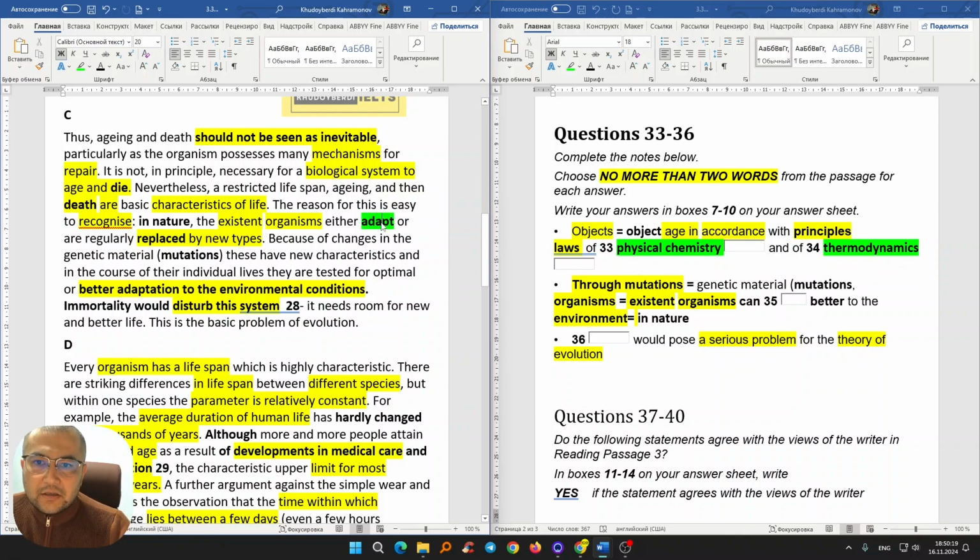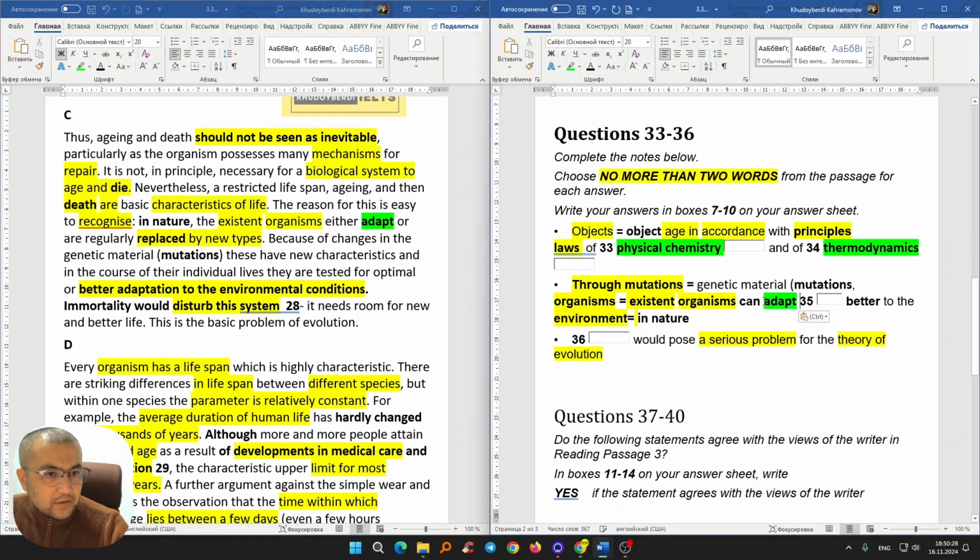Why? Because it's just a bare infinitive. You can copy it here, and the grammar matches perfectly, right? So that's why I can write adapt. So 35.